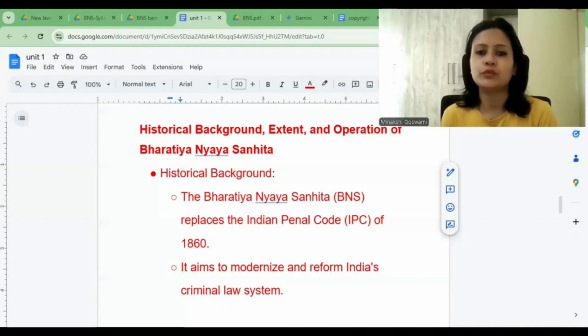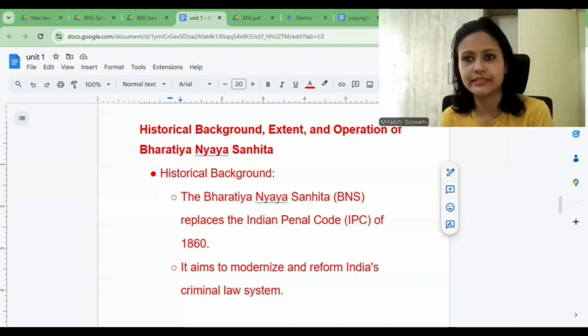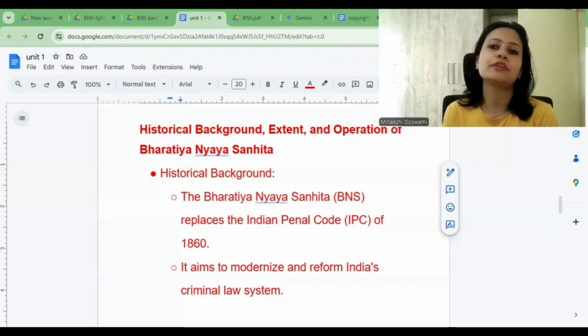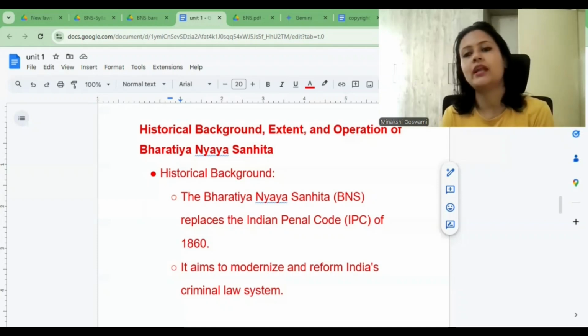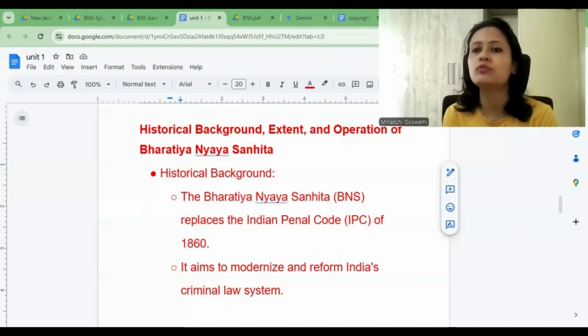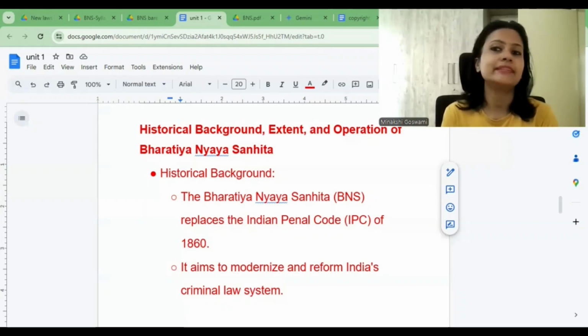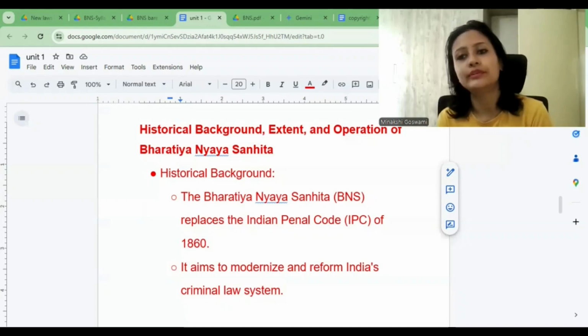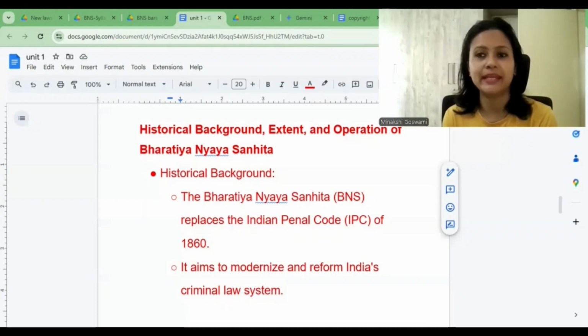Even though its provisions were amended multiple times over the years, there were struggles because those provisions were not properly dealing with the complexities that we have faced in recent times. There are new types of crimes that have evolved, and there are a lot of changes in our society. Those were not being properly addressed by IPC, and that is the reason there was a need to replace that legislation and bring BNS into application.